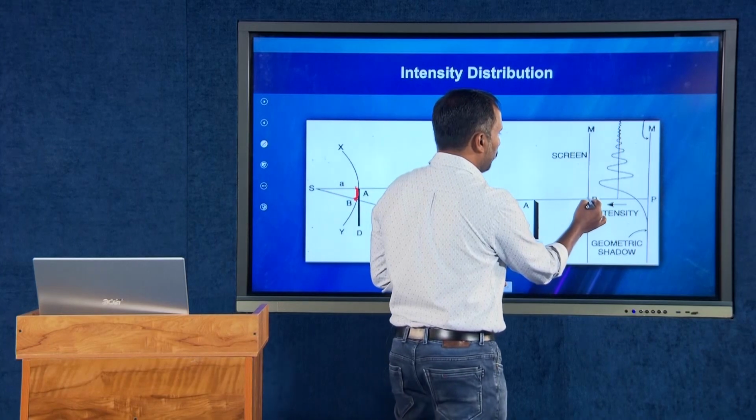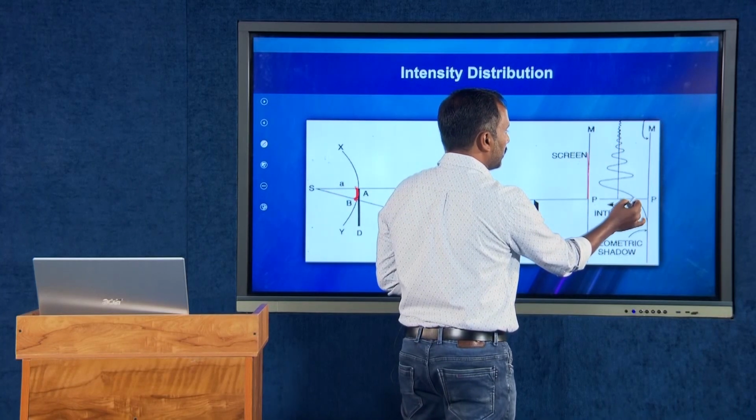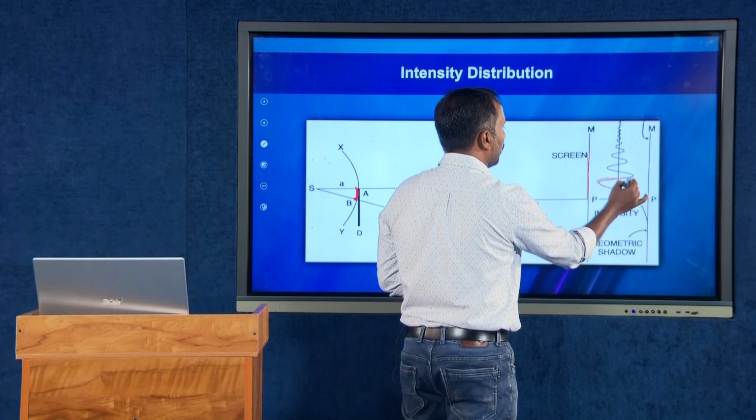So above the point P, this is the illuminated region. In this region the intensity varies like this.